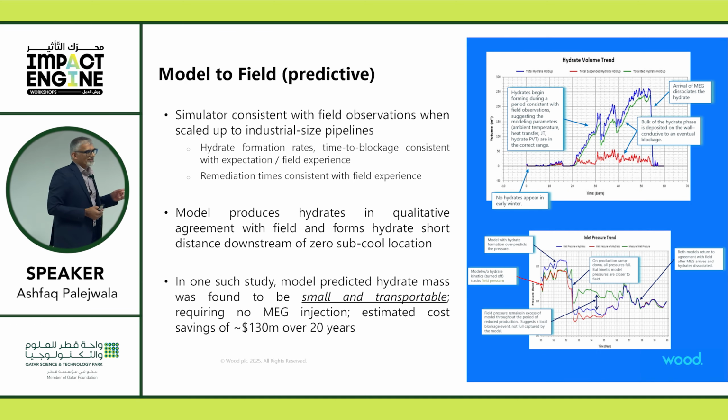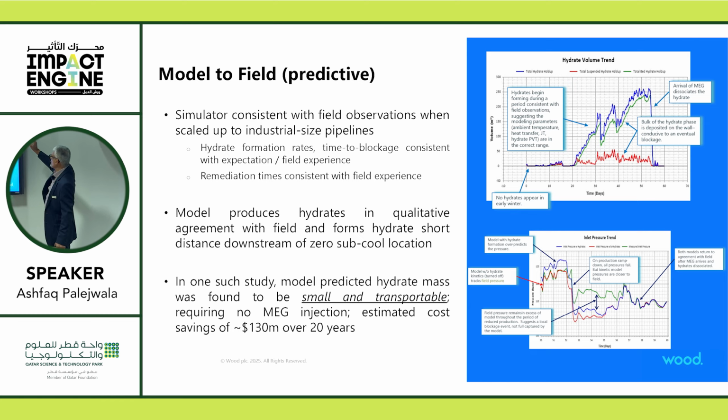Okay, now we look at the predictive part of it. Here, the graph on the top is pure prediction. This is using the kinetic model that was developed at UWA, University of Western Australia.